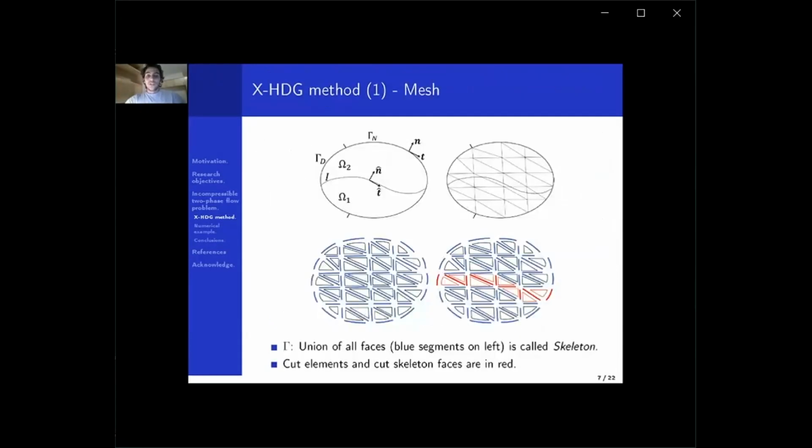For HDG, there are two types of problems usually: the local problems that are solved in the elements, and global problem that is solved on the edges that are shown in blue. For this particular example, if the interface is shown like this, that means that it will cut through some elements that are going to be shown in red here. So those elements we refer to as cut elements.